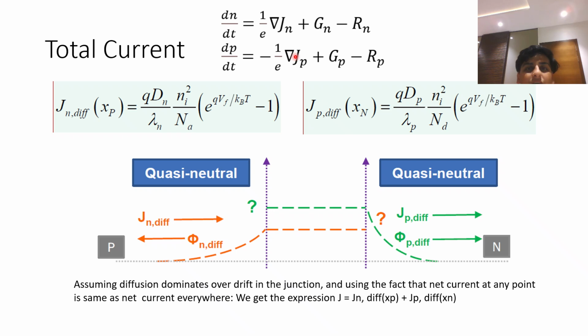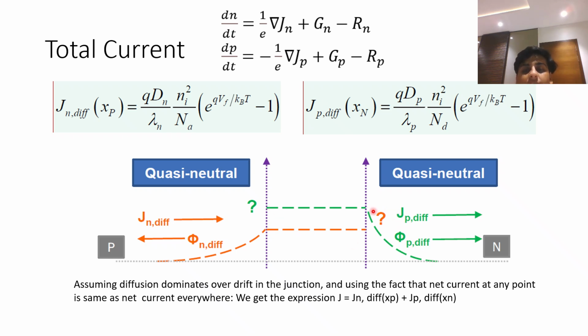What that means is that the gradient of net Jp, which includes diffusion and drift, but we are neglecting drift right now, does not change. So the gradient of your net current, and therefore your diffusion current, is zero, which means your diffusion current is constant throughout here.